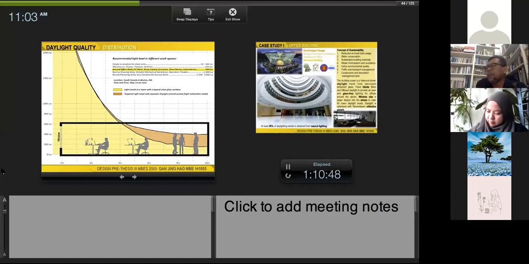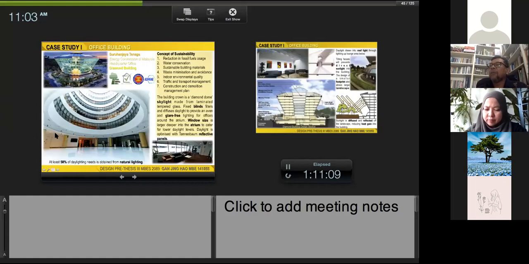If you have 10 meter depth of the building, so you tak akan boleh comfortable. Kawasan akan menjadi gelap. So how would you design a window opening that will bring in daylighting deep into the building? This is another strategi lah yang perlu.